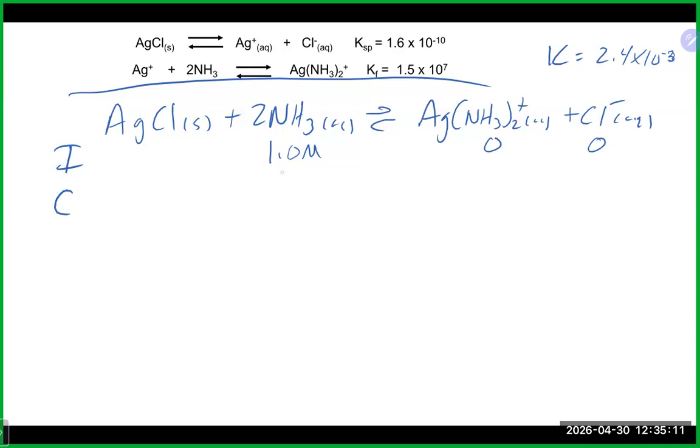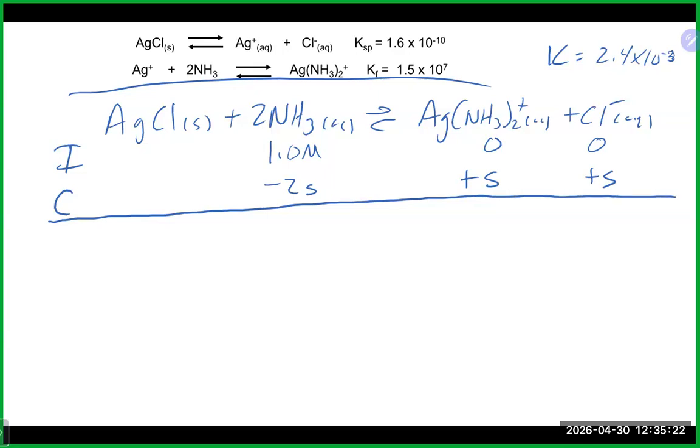So we're going to go with a minus 2S here, and this is going to be a plus S and a plus S. Since we are looking for the molar solubility, we'll use S instead of X. That's going to give us a 1 minus 2S, an S, and an S. Any questions on the ICE table here? Once again, although we are interested in silver chloride's solubility, it is a solid, so we're not going to put any numbers in the table.